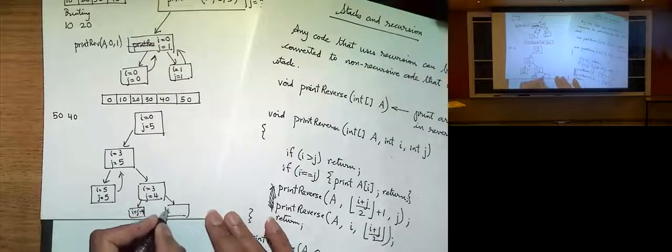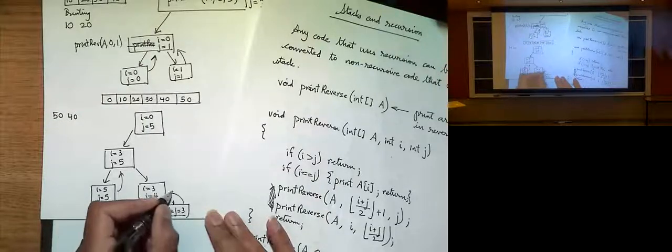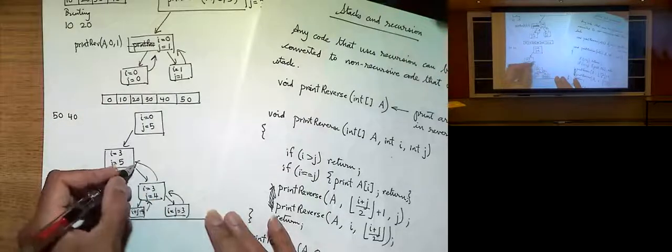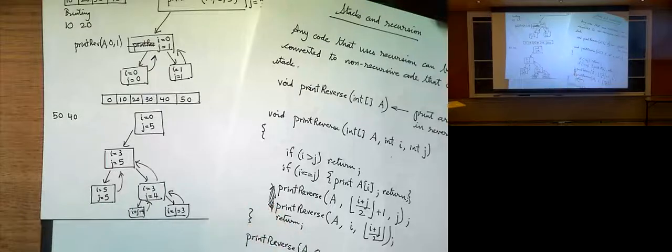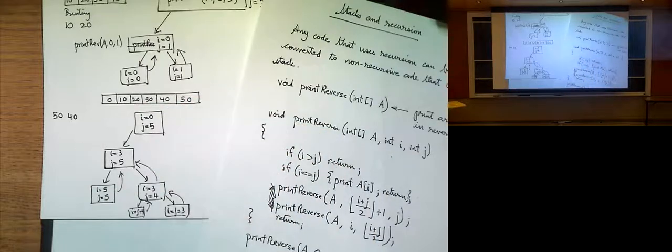Here it's going to be i equals j equals 3. Then this returns, then this returns, and then the next, so on and so forth. Okay? So you see that there is a tree, which is the recursion tree building. Now what I want to do is to just replicate this logic in a stack.